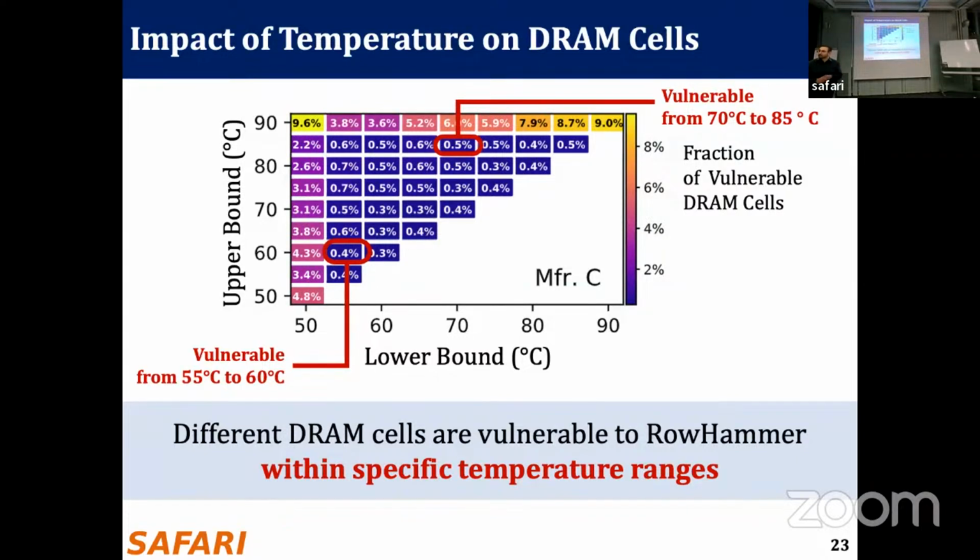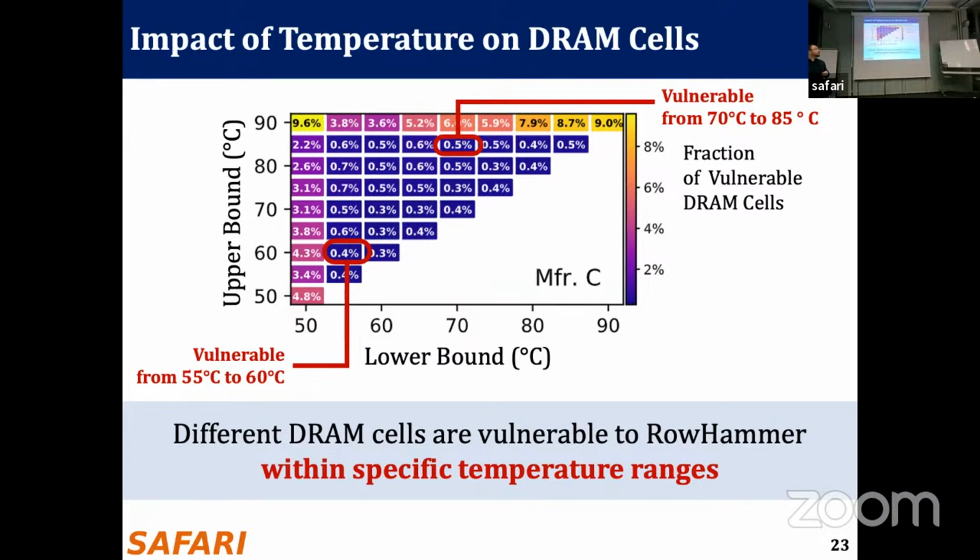Can I ask one question? Why is there a sudden jump between 85 degrees and 90 degrees? When you check the upper bound, up to 85 degrees, at most you see 3%, 4%, but then there's a jump.